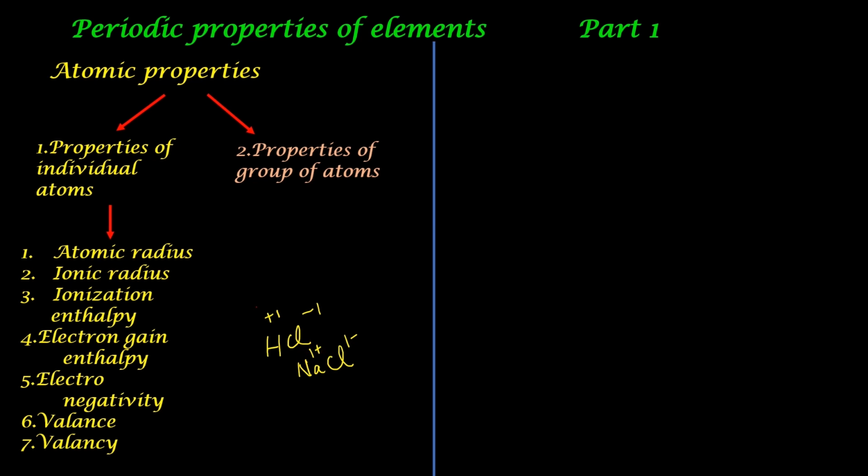But when we refer to the oxidation state, for example, sodium has oxidation state +1 and chlorine has oxidation state -1. Valency is the combining capacity of an element. The combining capacity of hydrogen is 1 and that of chlorine is also 1.